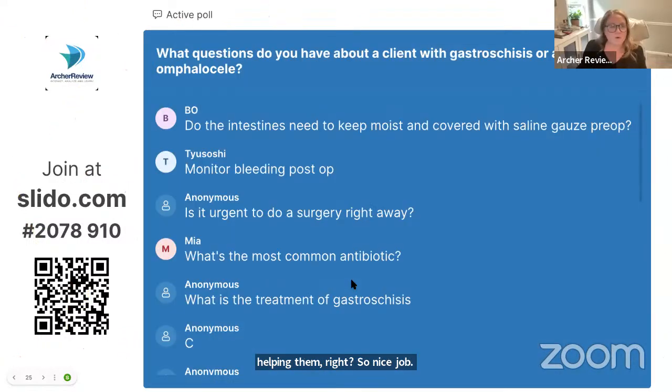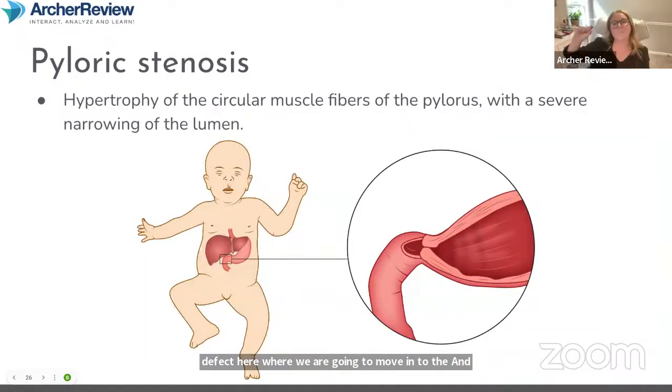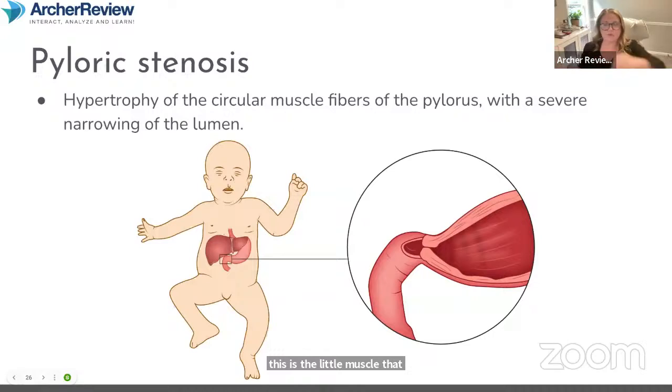Let's go forward to our next defect here, where we are going to move into the pyloric sphincter. And this is the little muscle that connects the stomach to the intestines. And the pyloric sphincter is kind of like the gateway that keeps food in the stomach when we want it in the stomach.